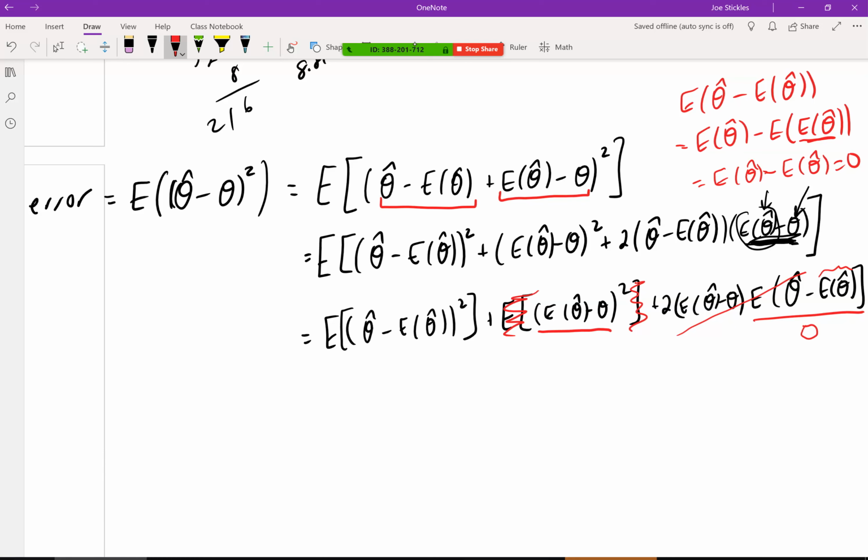And now, if I look at this formula, expected value of theta hat minus theta, we have a definition for that. That's the bias. So this second piece is just the bias of theta hat, squared. So that second term, what we just expanded all out, is the square of the bias.